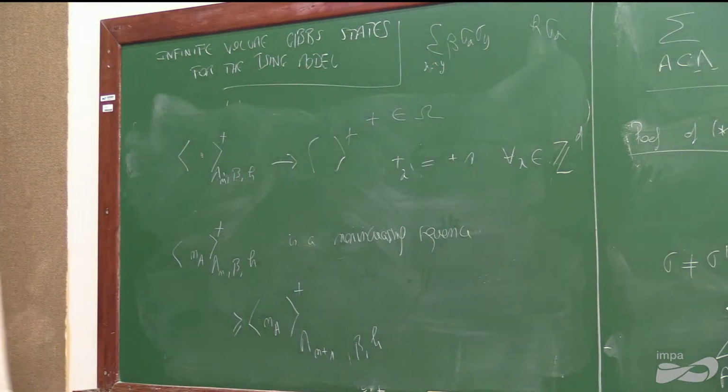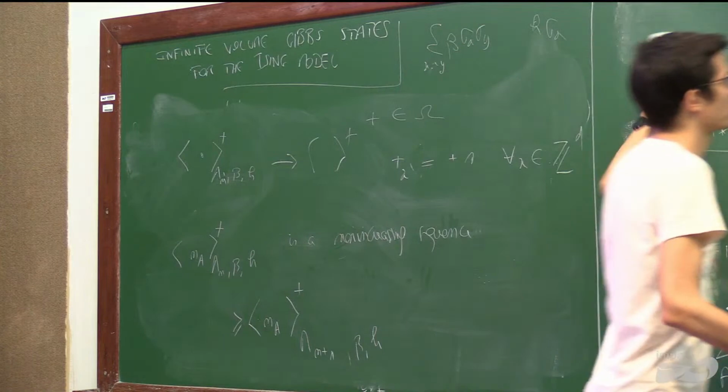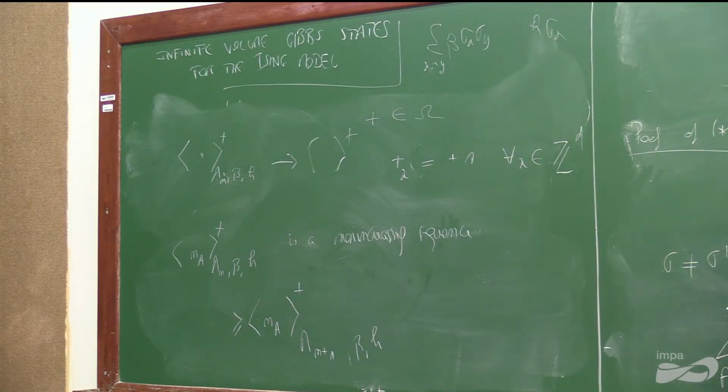Then you will have a plus Gibbs state and a minus Gibbs state, and the idea is that if these two are equal, then you have only one Gibbs state, because all the other possible Gibbs states are kind of sandwiched between these two. So if you want to prove uniqueness of Gibbs states, you are left with only proving the fact that the plus Gibbs state is equal to the minus Gibbs state. Lots of information, but we will spend a lot of time on this. This should be fun.